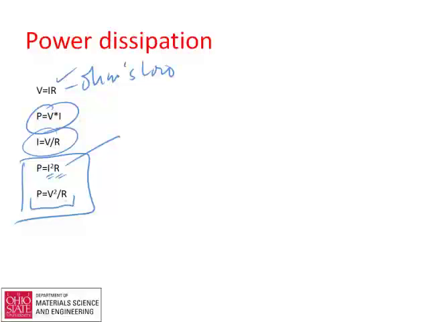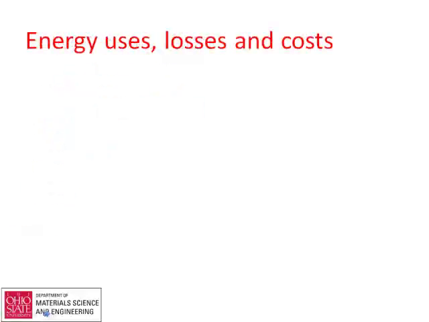Or if you have voltage constrained, you know resistance, it's voltage squared divided by resistance. I'm just going to leave those there. They're fairly simple. This is the fundamental equation for power. The others are derived from it. You can come back to that if you like.